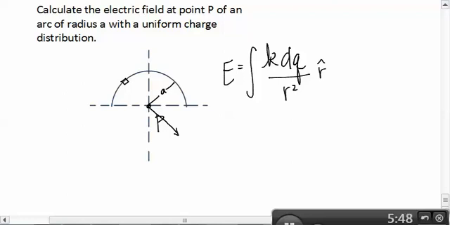We need to define our little bits and pieces. What does dQ mean? Well, this is a nice bent straight line. So, what do we use for the density of charge smeared out over a line? Lambda. Lambda would be our dQ/dL.